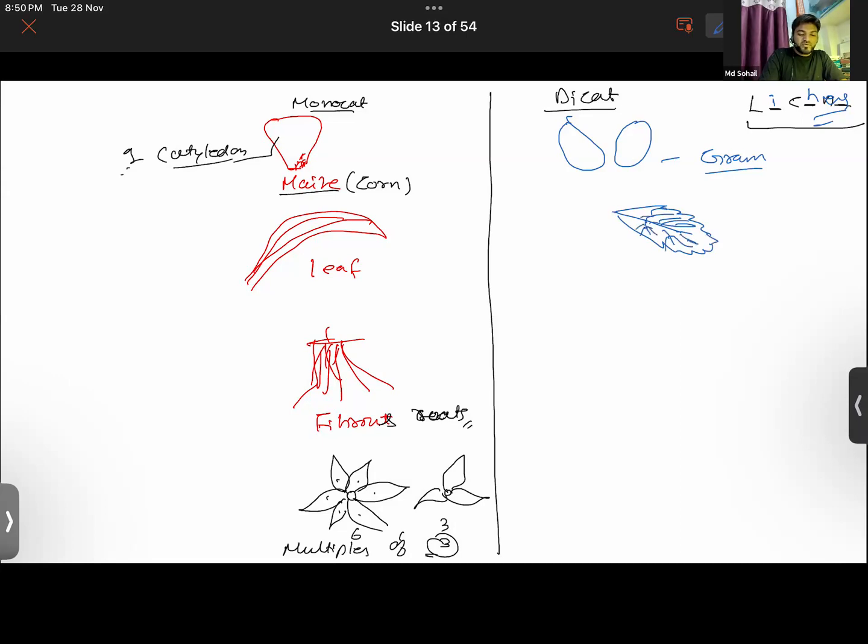Hope that makes sense to you guys. That is reticulate venation. You will look at its root. It will show a tap root system. Okay, Sundus, Vaiga, Chakrika. Then you will look at the flower. The flower parts will be in multiples of 4 or 5, that is, in pairs of 4 or 5.